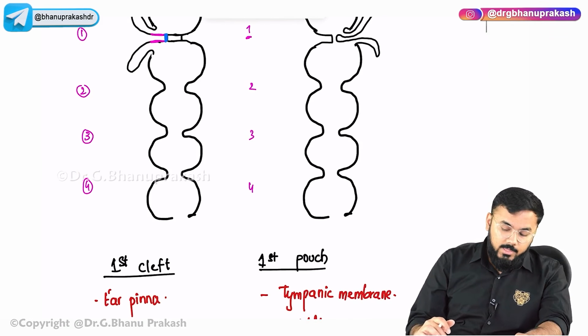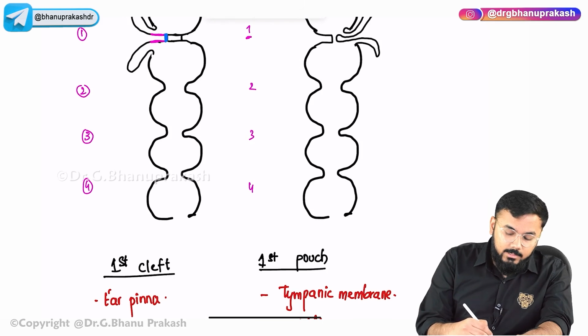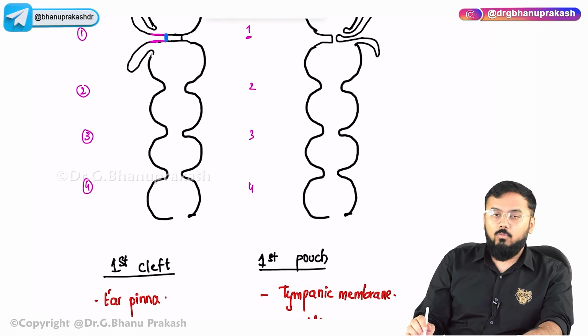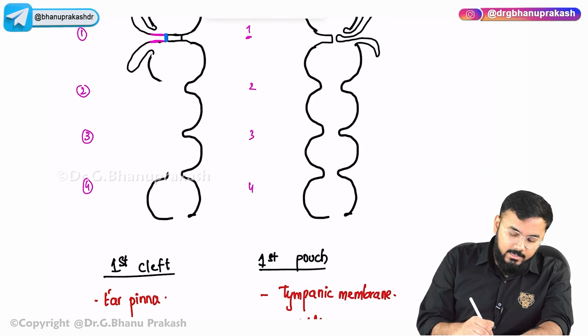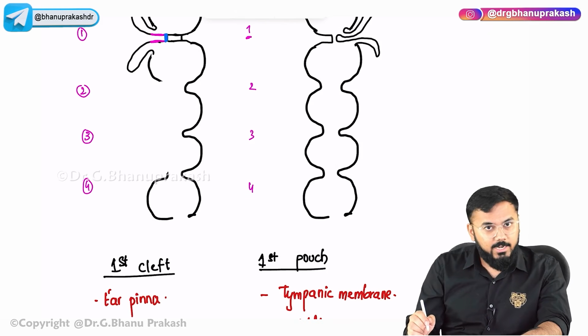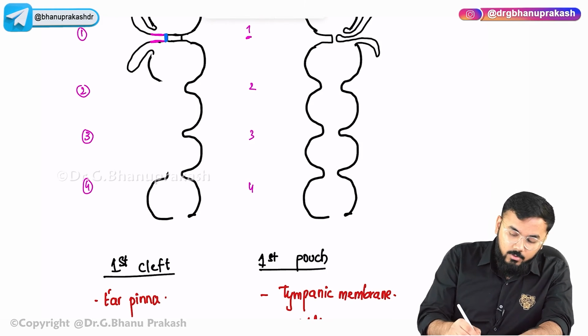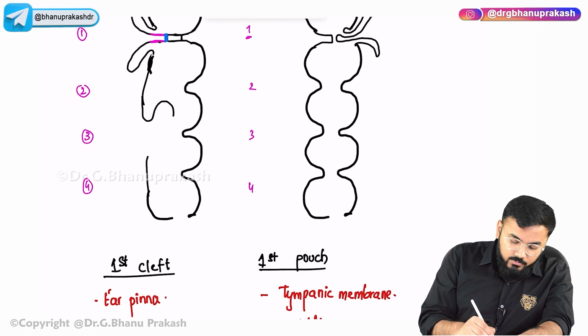Okay. Now next important thing, coming to the second, third and the fourth cleft. Look what is happening with the second, third and the fourth cleft. This second, third and the fourth cleft will also undergo invagination in a different way. See, they come down all the way like this, and they undergo invagination this way.